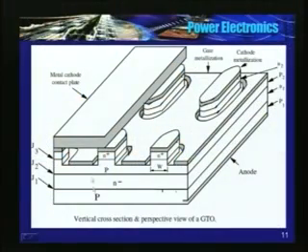So a GTO can be seen as a large number of small GTOs in parallel. Why parallel? Anode is same, cathode is also same. All the cathodes are connected to one heat sink, and that heat sink forms the main cathode.